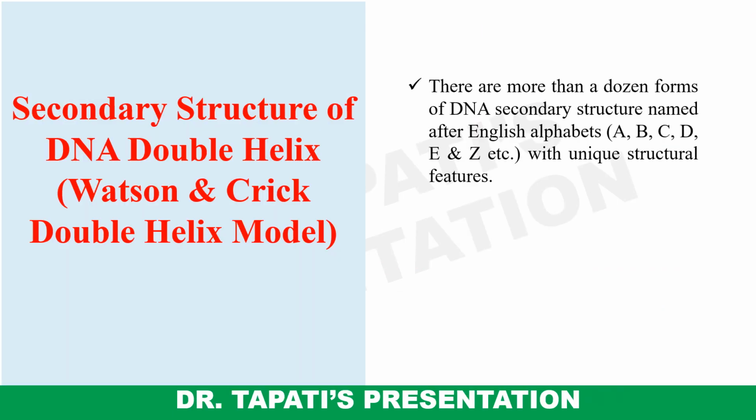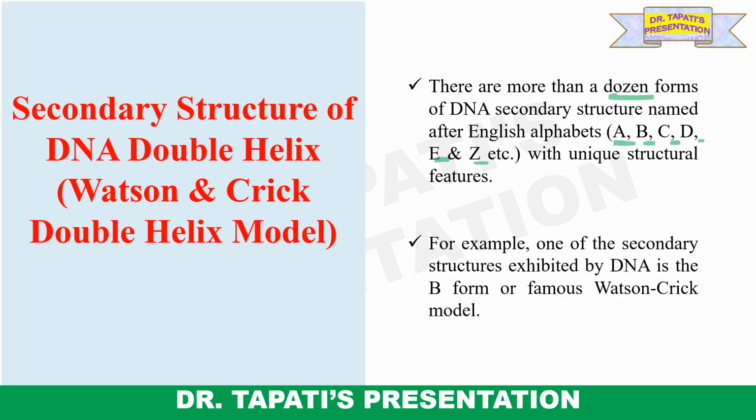There are more than a dozen forms of DNA secondary structure named after English alphabets A, B, C, D, E, and Z, etc., with unique structural features. That means they have some structural differences among these different forms of DNA secondary structures.